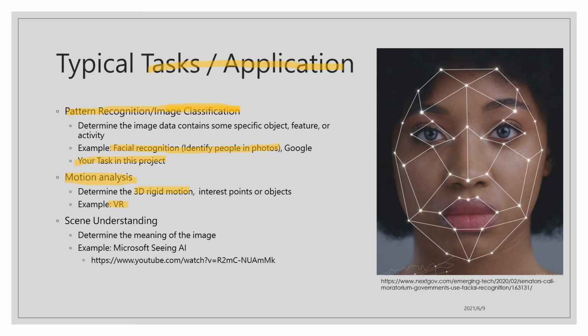Then you also have scene understanding. That means when I capture an image or have a video, it tries to analyze all the objects inside the video and then tell you the meaning of this image. This kind of setting really helps the VIP, visually impaired people, or we call them blind people. If you want to learn more, you can go to Microsoft Seeing AI.